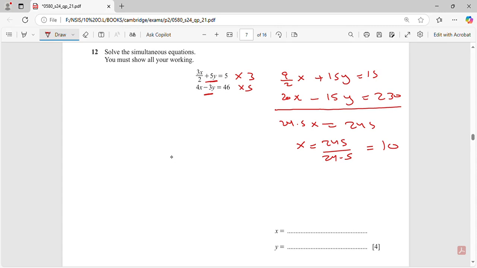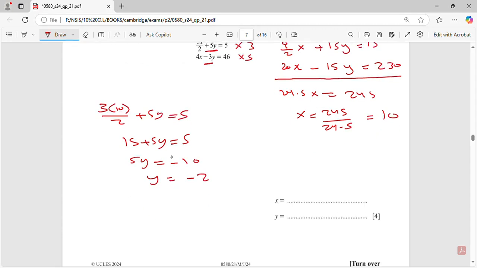So with the value of x equals 10, if I were you, I would substitute 10 into any of the equations. Let's try the first equation. It will be 3 multiplied by 10 divided by 2 plus 5y equals 5. So 30 divided by 2 equals 15, plus 5y equals 5. So 5y equals negative 10, so y equals negative 2.